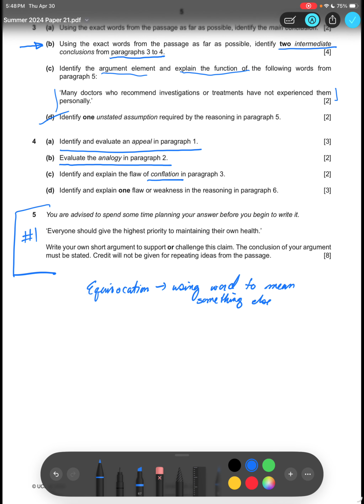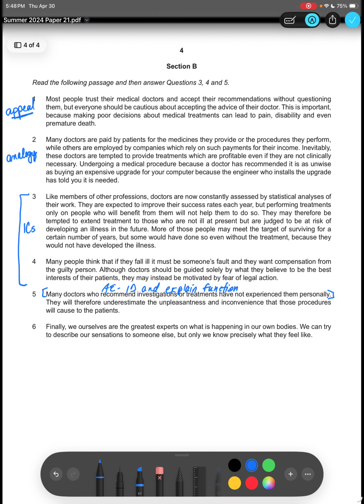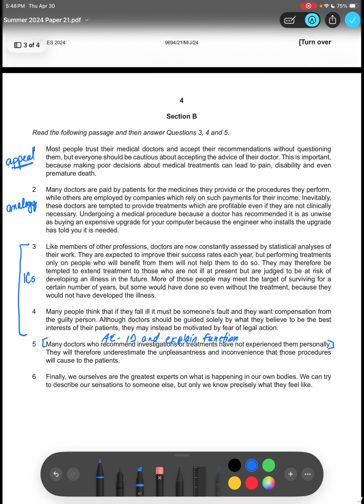If you're talking about a drinking well, but we're talking about whether somebody is feeling well, we're talking about 2 different things, equivocating them. Conflation is about ideas being mixed up. Okay? But it's not about the word, it's about the whole idea. I'm going to tell you this one can be kind of hard. So, a flaw of conflation in paragraph 3, you're going to look for that.